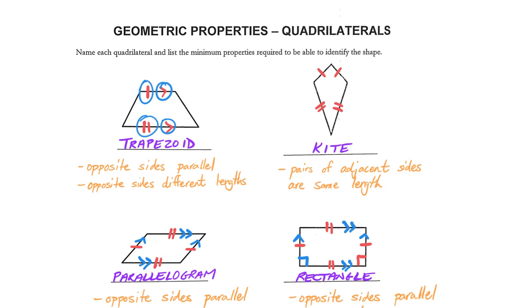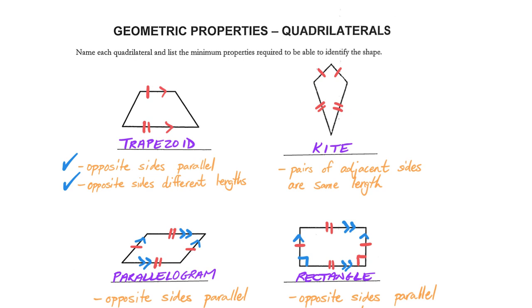So if we take a peek at that then, what a trapezoid is, for me to build a trapezoid, if I create any four-sided enclosed shape, that's a quadrilateral, where I have one pair of opposite sides that are parallel, and those opposite sides are different lengths.